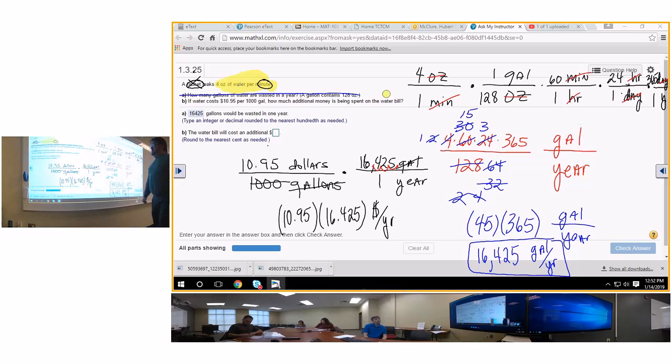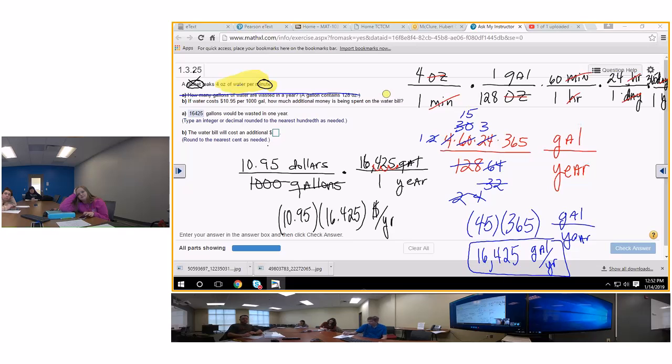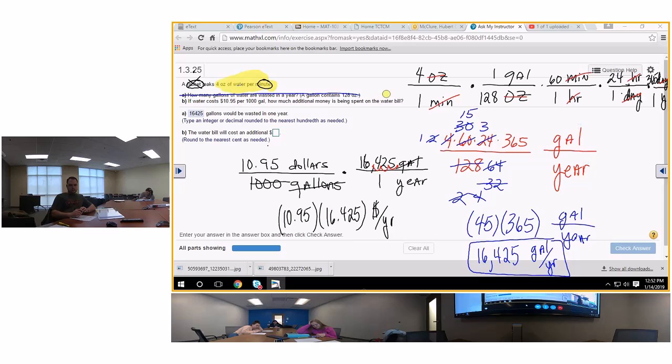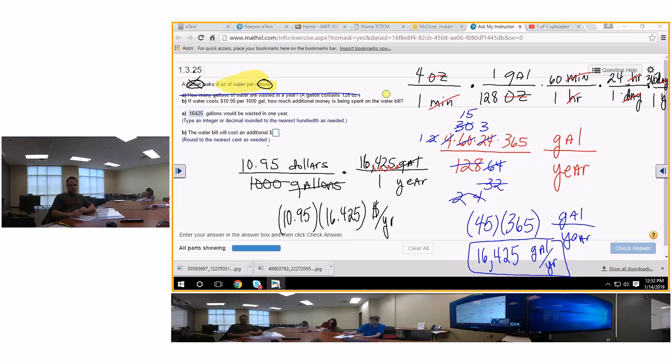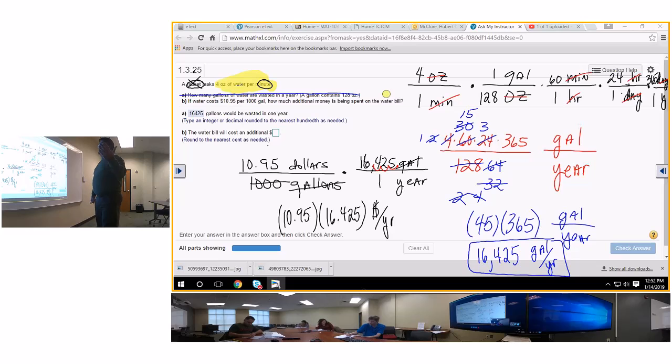So somebody take your handy dandy calculator and multiply 10.95 times 16.425. Well, you know 16 times 10 is 160, so it's going to be a 170 something.